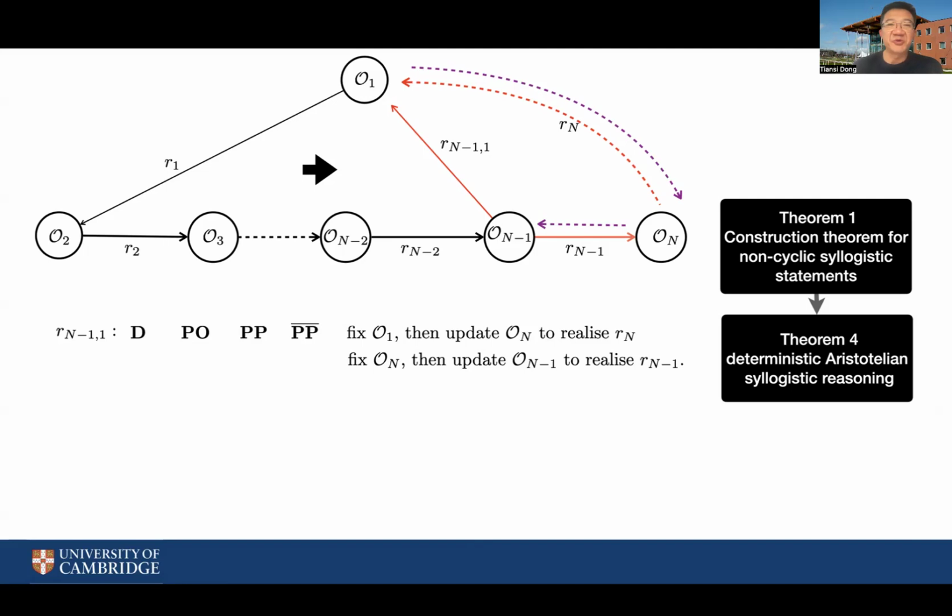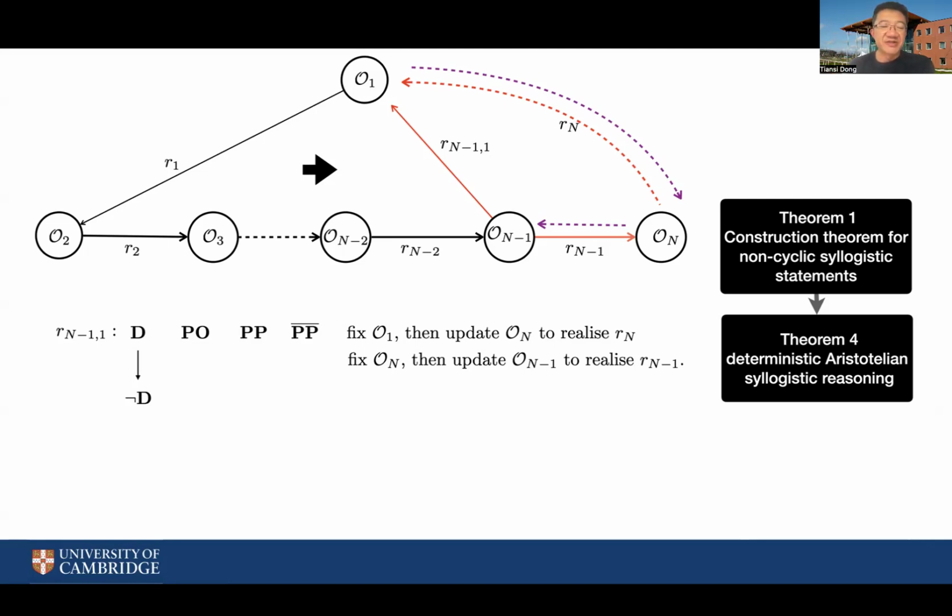So before the backward process, the relation between O1 and On minus 1 is D, PO, PP, or inverse PP. These are observable. After the backward optimization, the relation must be changed because the earlier case is unsatisfiable.